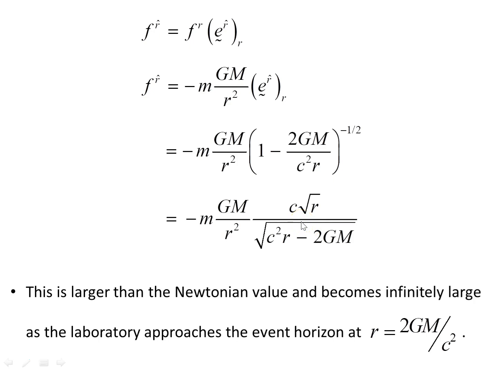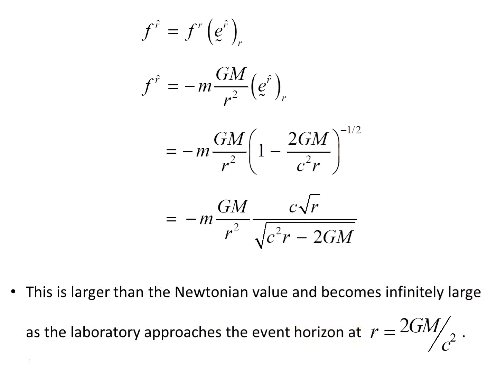So the observer in the laboratory would look at his or her dial and would see a force equal to this. Their instruments would measure this, not the coordinate value we found earlier. All right, so the other thing to note, this is larger than the Newtonian value and, interestingly, becomes infinitely large as the laboratory approaches the event horizon of our Schwarzschild black hole.